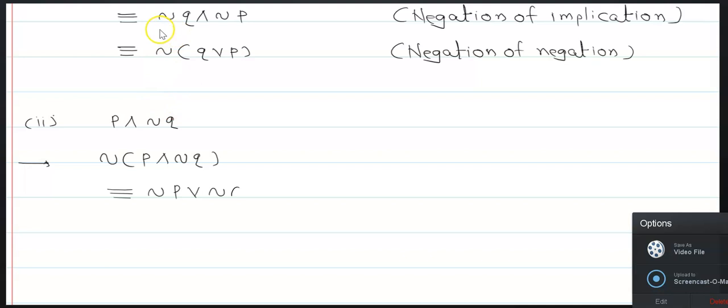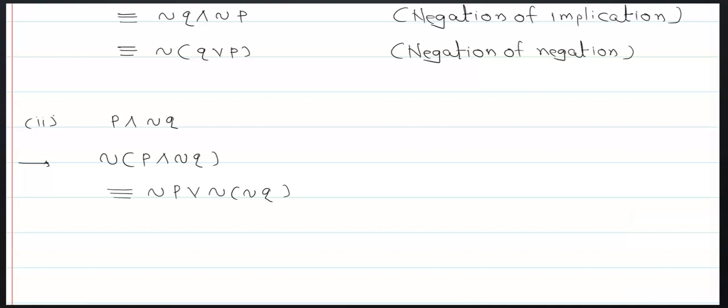That is, we have the answer: negation of Q and negation of P. This is also the answer. If we again take negation as common, that is negation of Q or P. This will also be possible.